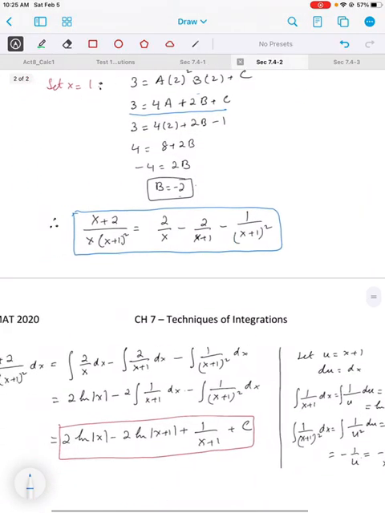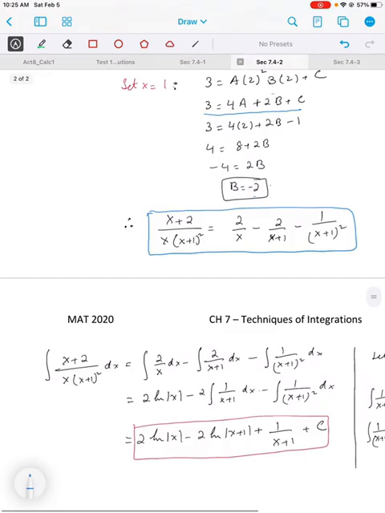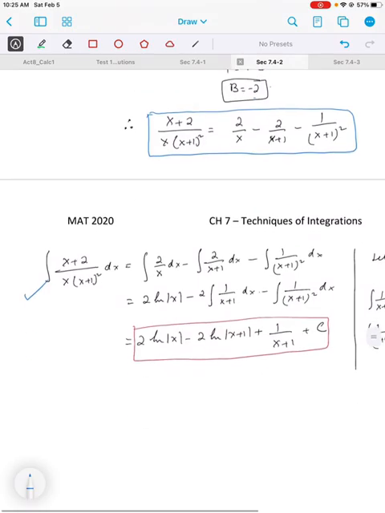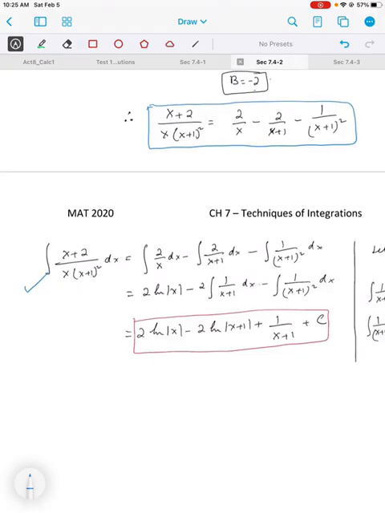Remember, we had this question given that we had to integrate, but now we know that it can be written like above, using the partial fractions. So the integration of this will be the integration of each of these terms, and that's what I have here. The first term is easy to integrate, so it will give you 2 times ln of absolute value of x. Now this one should be easy, right?